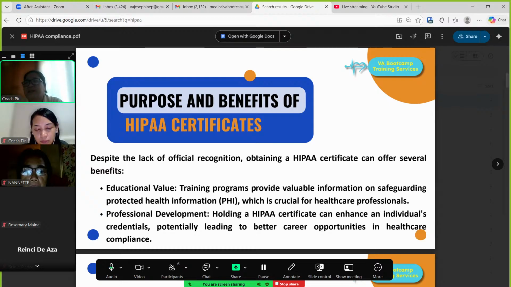It can be beneficial for educational value, as training programs provide valuable information on safeguarding protected health information, which is crucial for healthcare professionals. Then professional development: holding a HIPAA certificate can enhance an individual's credentials, potentially leading to better career opportunities in healthcare compliance.